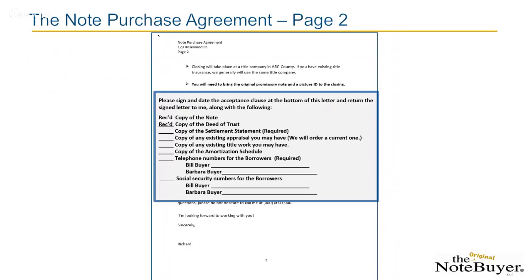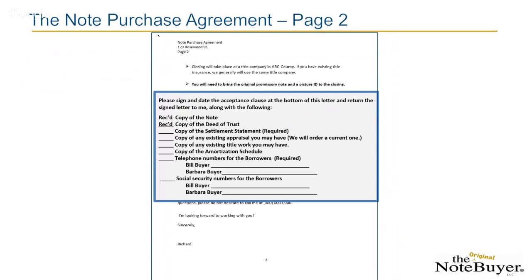I will have to have the telephone numbers for the borrowers, because I will need to contact them and let them know that we're going to be buying the note. I will also want to see about getting a copy of their credit report, and I'll need a copy of their insurance declaration page if the note seller doesn't already have it.